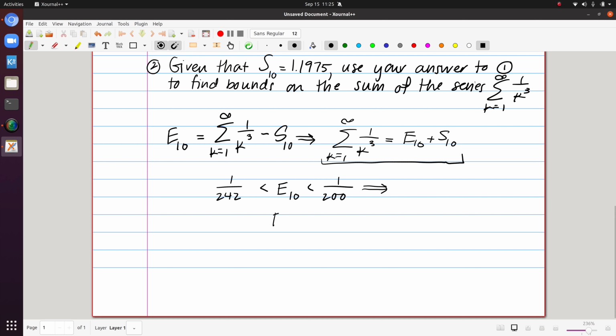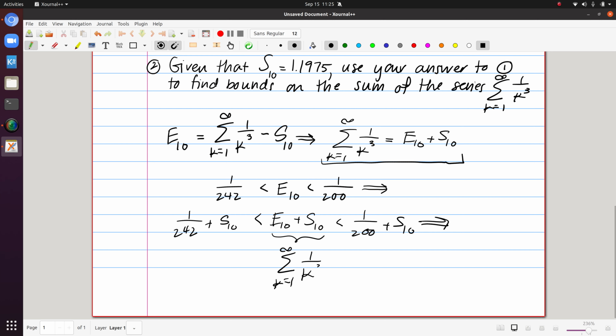So this says that E10 plus S10 would be bounded below by 1 over 242 plus S10 and above by 1 over 200 plus S10. So the part that I have in the middle is equivalent to the entire sum of the series.